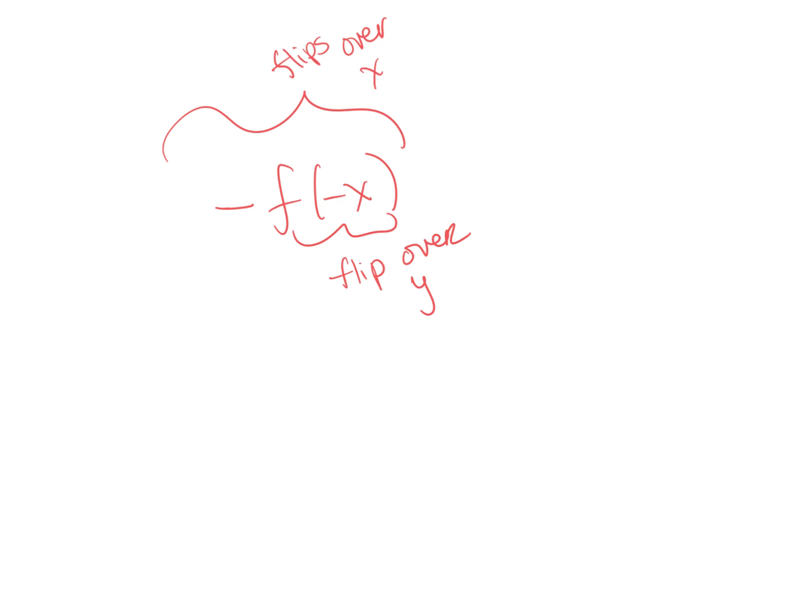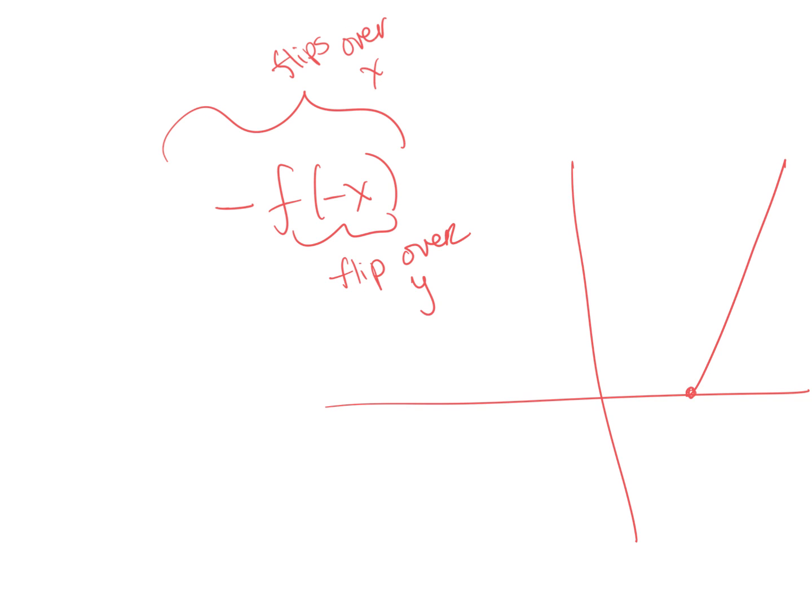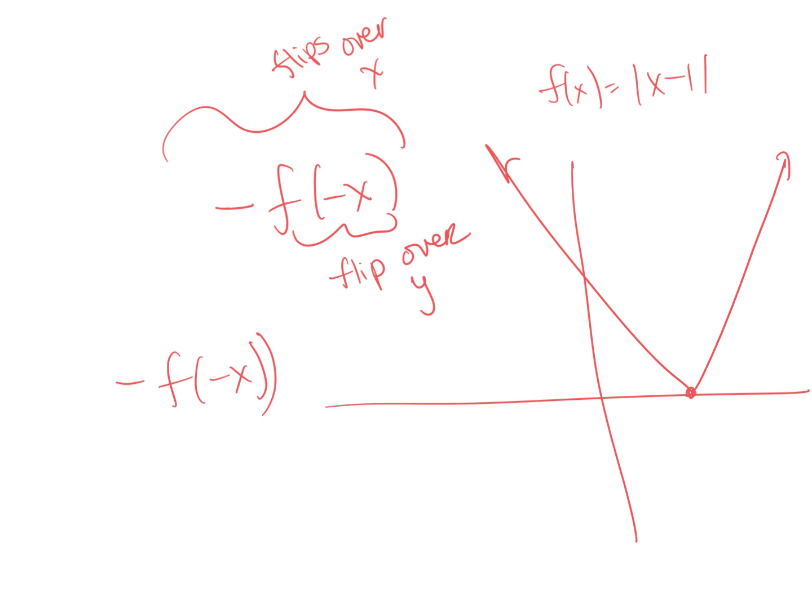So if in the example I just used, the absolute value of x minus 1 is my original function, and I graph negative f of negative x, the new graph would be over here and down there. It would flip over the x and then over the y. Okay? All right.